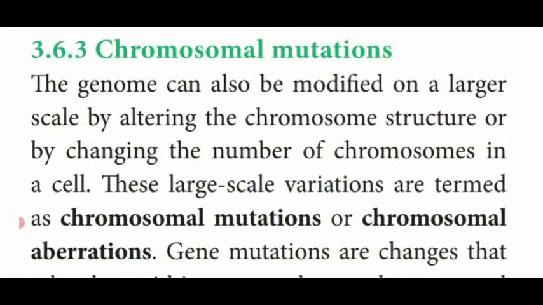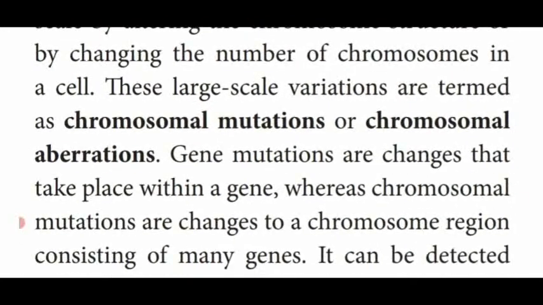So the genome can also be modified on a larger scale. That means the genetic character is also modified on a larger scale by altering the chromosomal number and structure, known as chromosomal mutation, or otherwise known as chromosomal aberration.